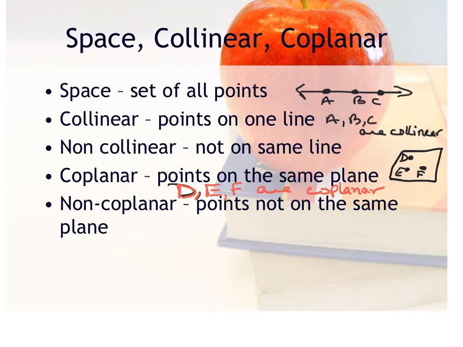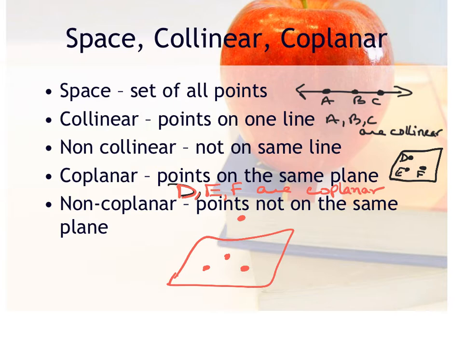So let's say if you think about this piece of paper, keep in mind that this piece of paper would continue and keep going, but let's say I had a point up above it, then that would not be in the same plane. So you could draw your plane, and then pretend this is up here, and this would be a point that wouldn't be.